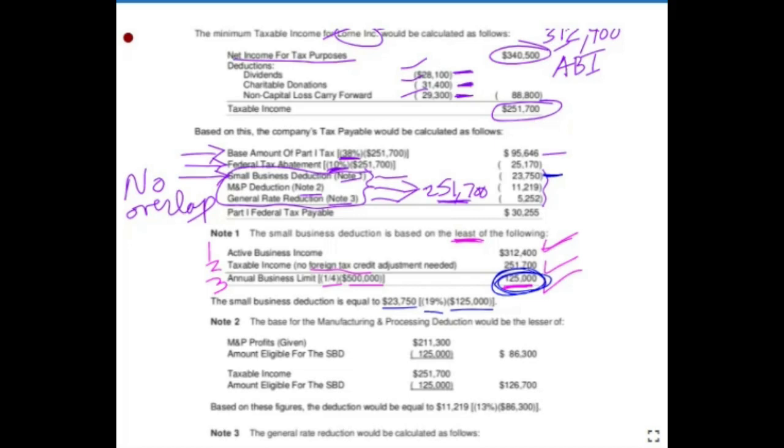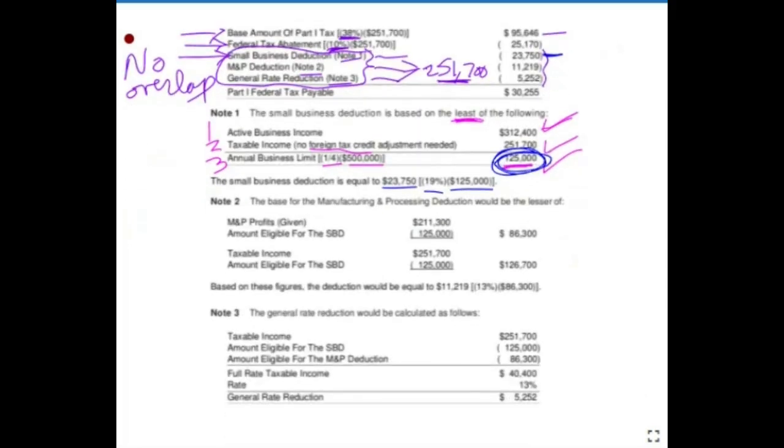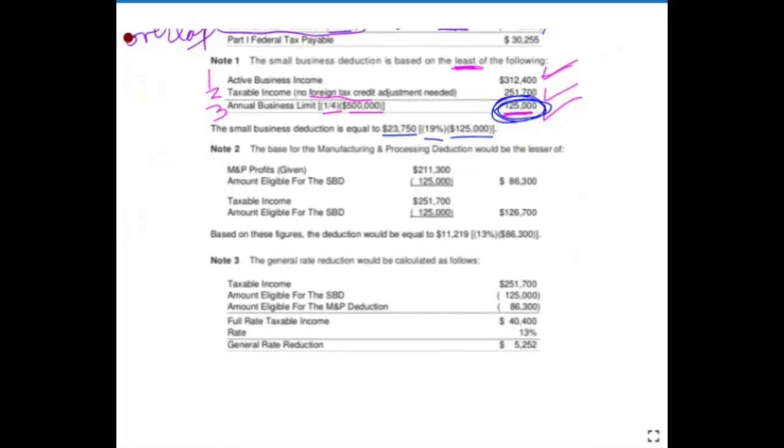So now let's move on to the next piece. Manufacturing and processing. This only matters if you have manufacturing and processing profits. And it only matters to the extent that you have that.